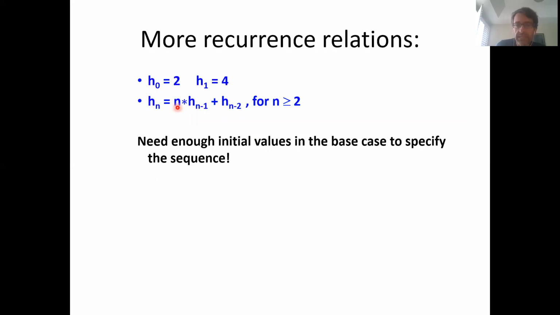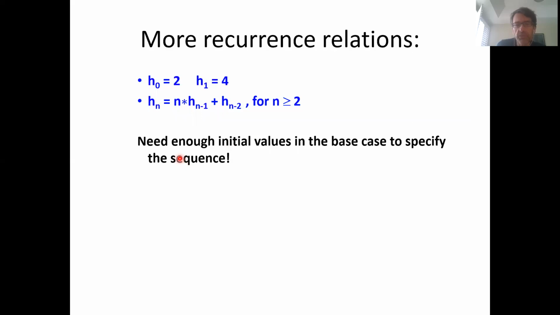That's still a recursive formula. That's still a recurrence rule. So the recurrence rule can have n inside of it, and for example here it does. And this I define for n greater or equal to 2. So the first one not defined is h2, that's index n equal 2. So hopefully I can use this formula, and yes, I can.